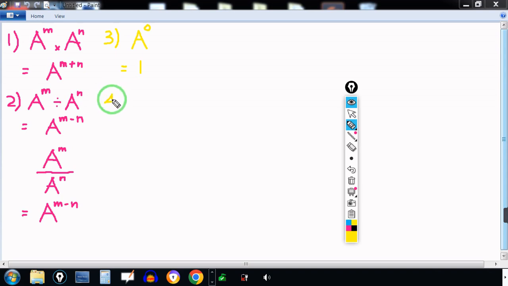Law of indices number 4 is A to the power of m, as you see here. Before that, there's an open curved bracket. After the m, there's a closed curved bracket, and there's a power just beside that, another one that is n.